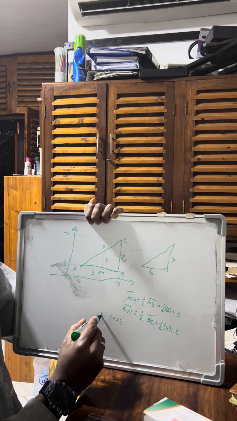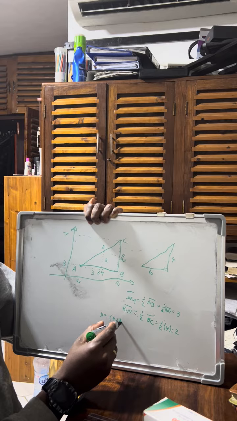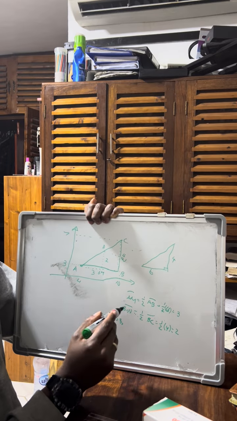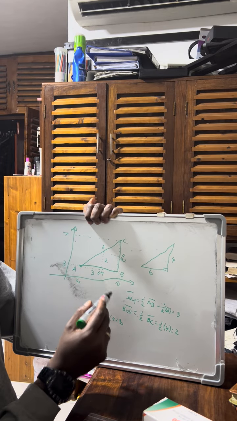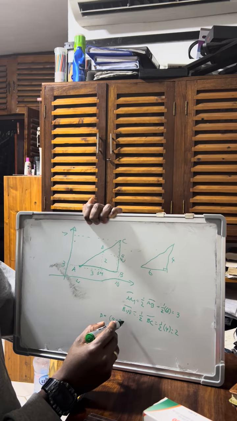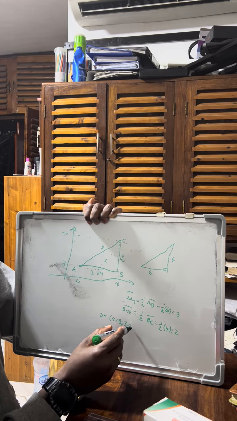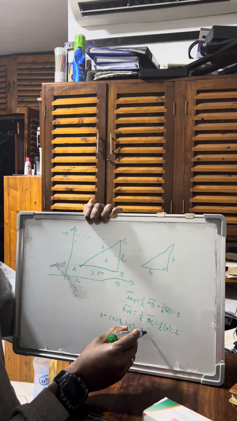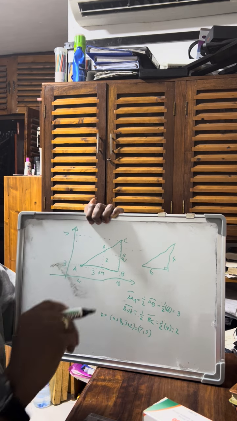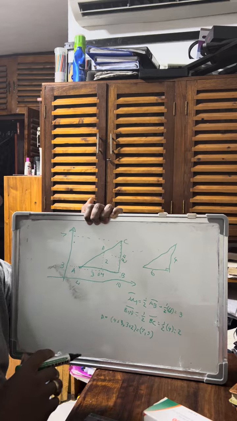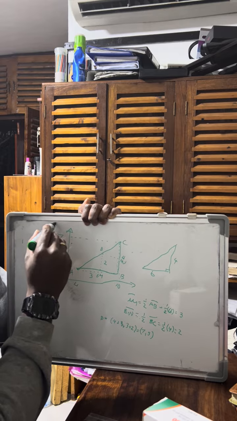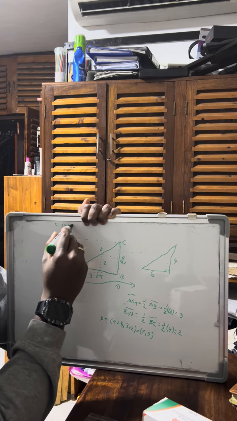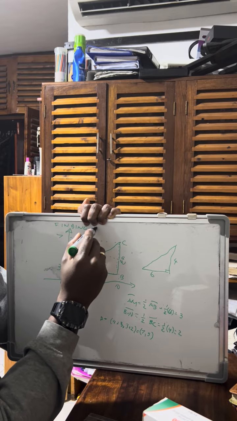So D is equal to 4 plus 3 and basically 3 plus 2, which is equal to 7, 5. And there you have it. We found the midpoint. This is finding the midpoint.